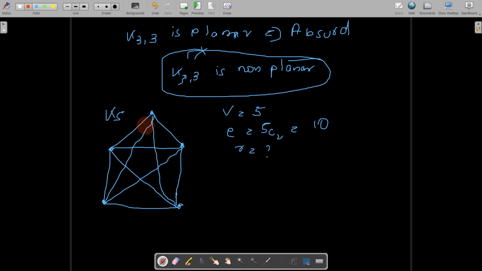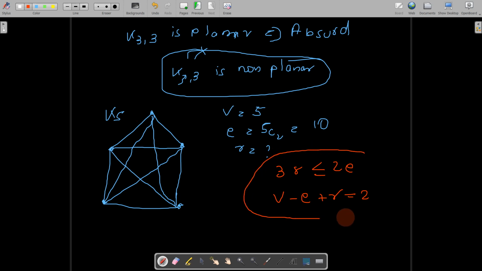Now this graph can have 3-cycles, so our inequality would be 3r less than or equal to 2e, and Euler's formula v minus e plus r is equal to 2, because we assumed K5 is planar. So these two should hold true, but this will result in an absurdity.